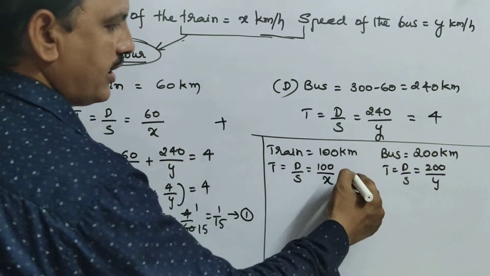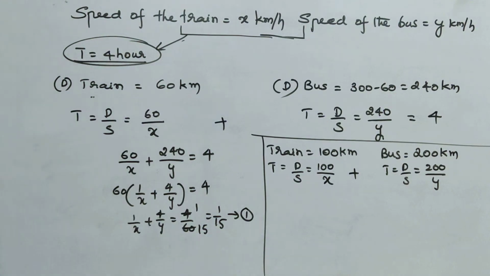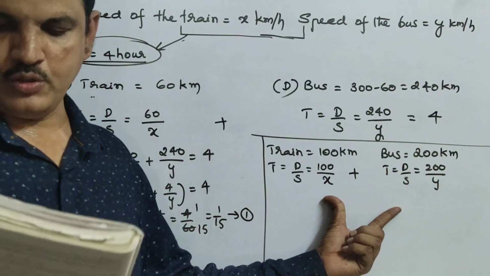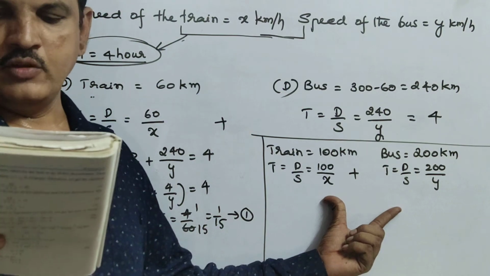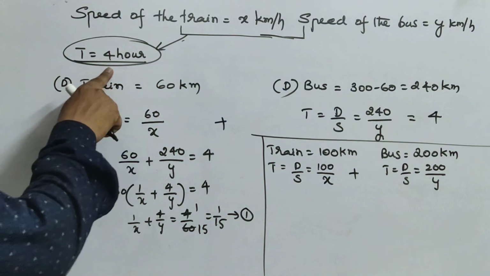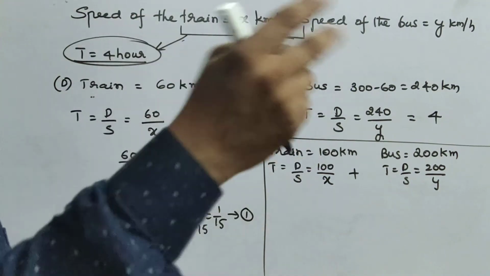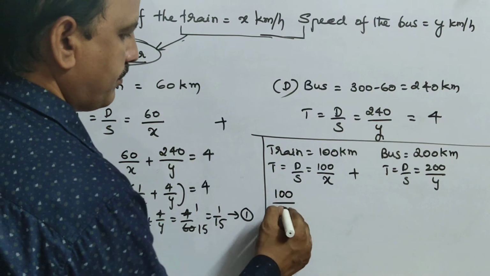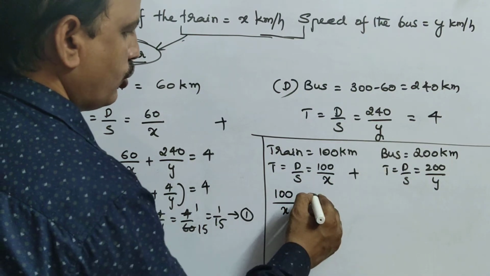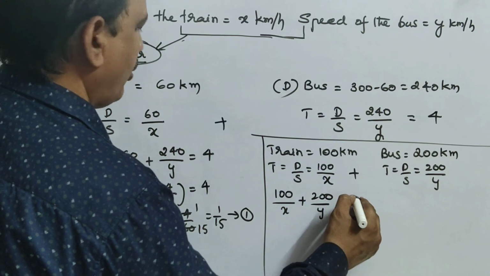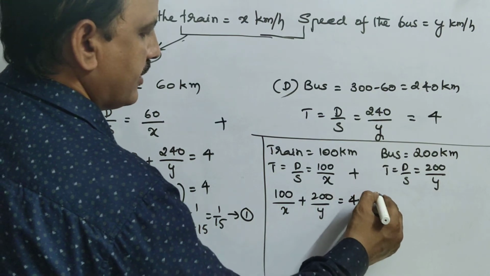But for these two total distance, how much time did she take? 10 minutes longer. 10 minutes longer means first how much did she take? 4 hours. Than that, 10 minutes extra. That means 100 by x plus 200 by y equals 4 hours plus 10 minutes.